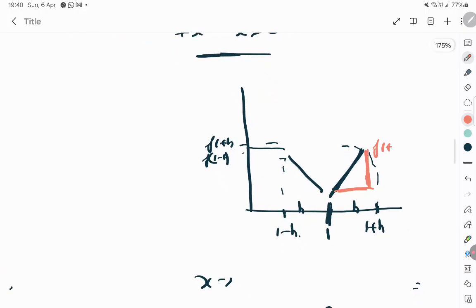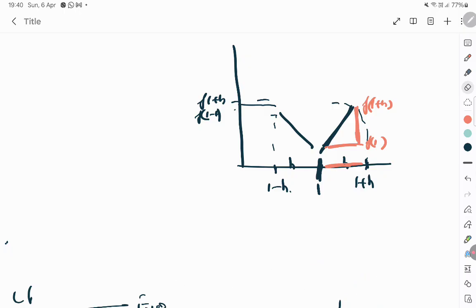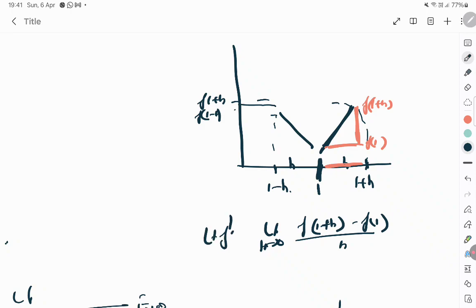Opposite is f of 1 plus h minus f of 1, by adjacent is h. So the formula for the right hand limit you all should know is f of 1 plus h minus f of 1 by h, limit h tends to 0. This is the formula for the right hand limit of f dash of x.